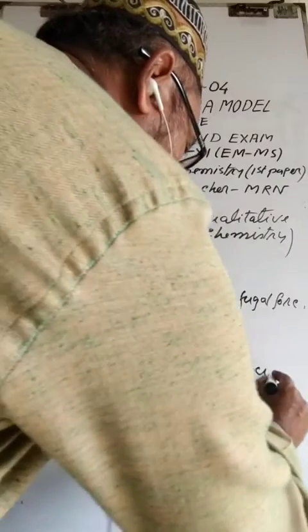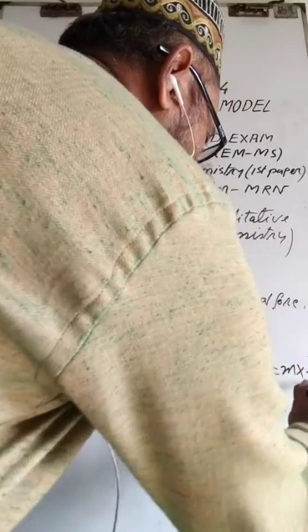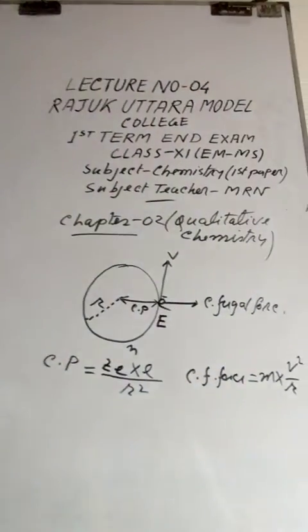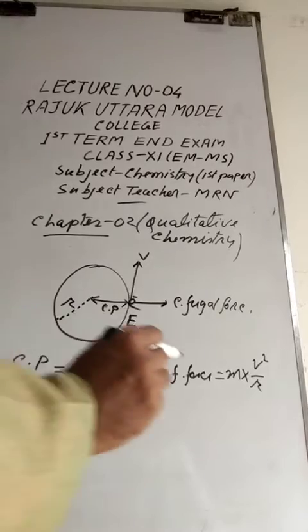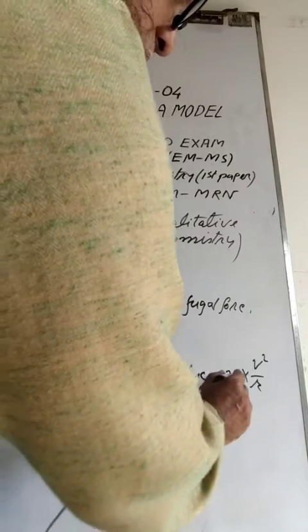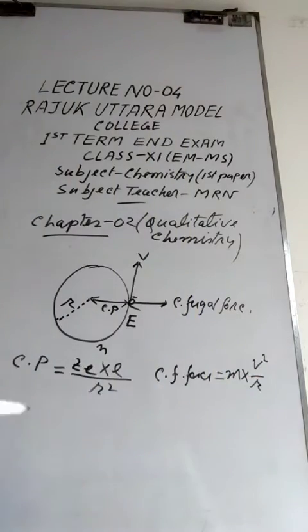This one is m into v square by r. We know total force F equals ma, where m is the mass and v square by r is acceleration.